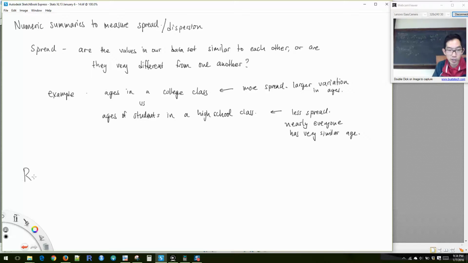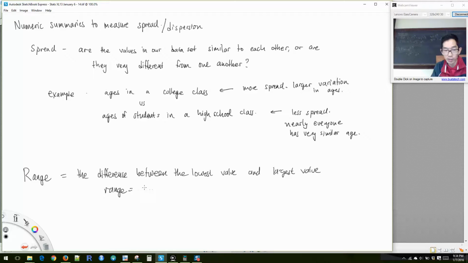We've got the range, and this is just the difference between the lowest value and the largest value. So range is equal to, actually I should write, the max minus the min.